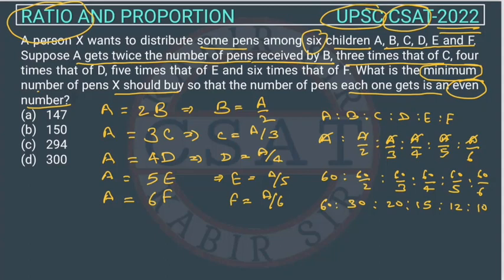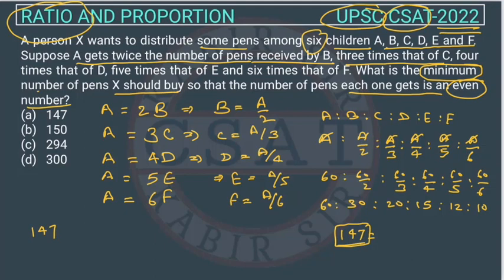Now we have to find out the minimum number of pens. So what is the total of this? The total of this will be 60 plus 30 plus 20 plus 15 plus 12 plus 10 equal to 147. So the minimum number of pens will be equal to its total, that is 147. So suppose the pens are 147.